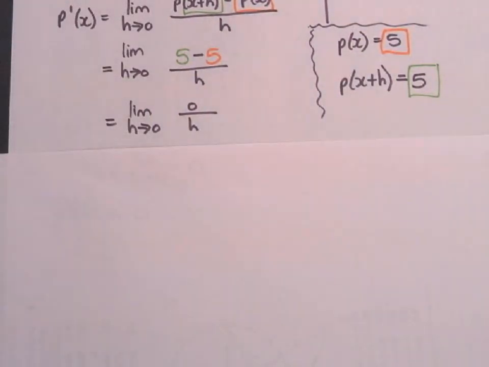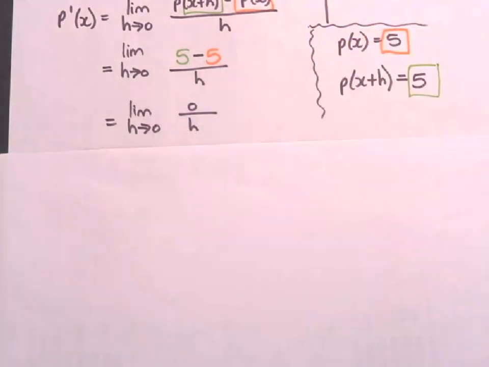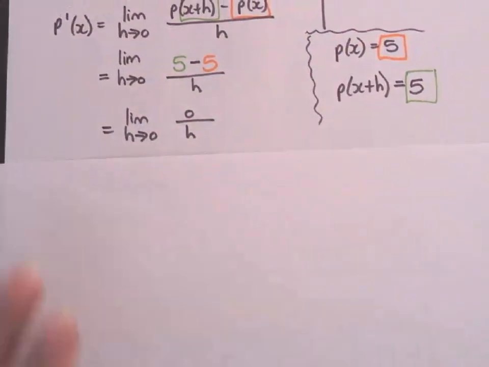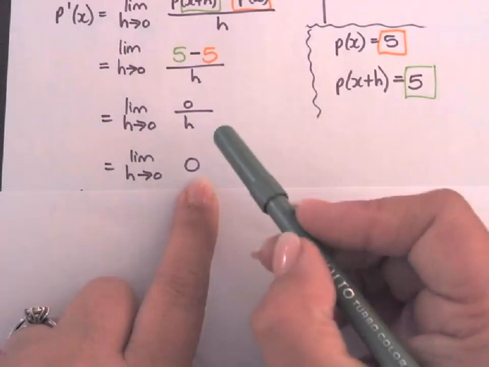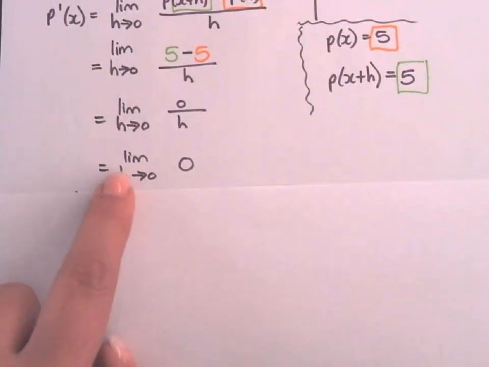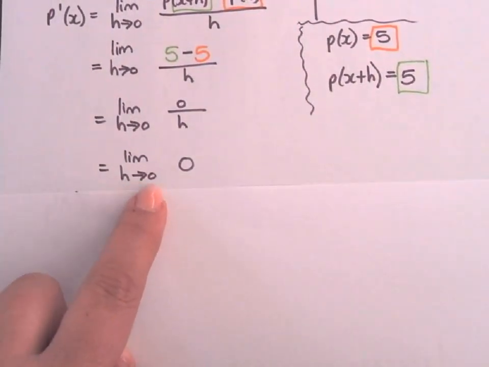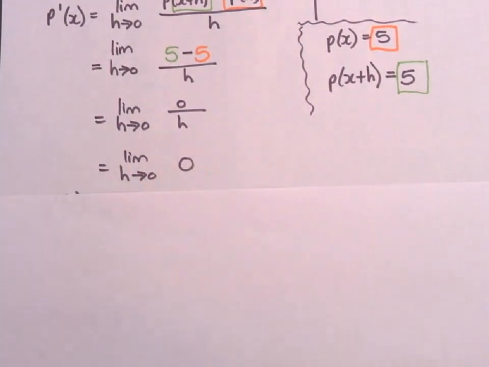First simplify. What is 0 divided by h? 0. So it will be the limit where h tends to 0 of 0. In this case, we don't have an h, so we don't have to substitute anything. So if the limit of h tends to 0 of 0, what will the answer be? 0.